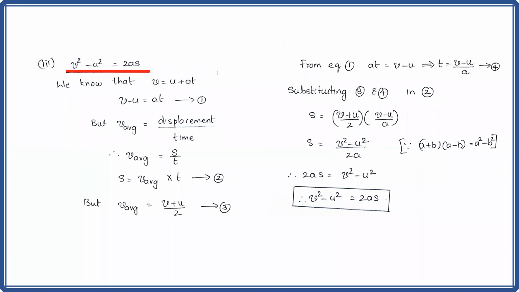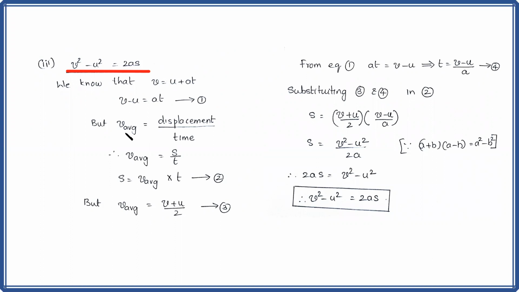For this third kinematic equation, let us take the first kinematic equation V is equal to U plus at. Send U to the left side. V minus U is equal to at. Let it be equation 1.